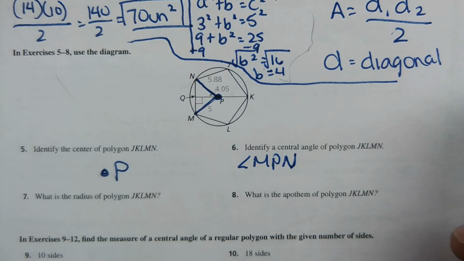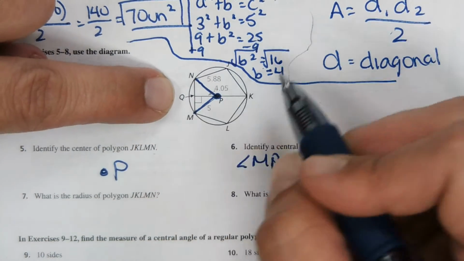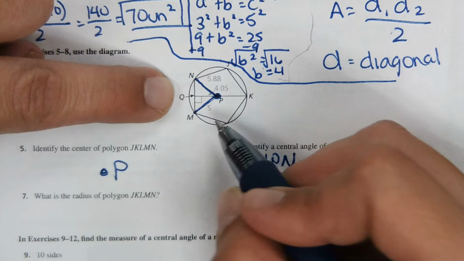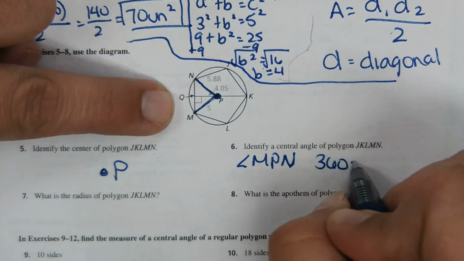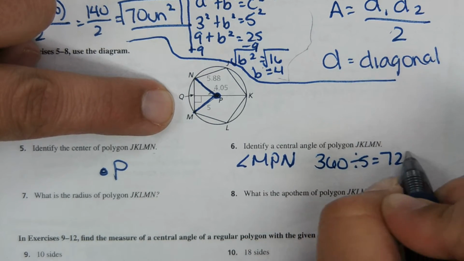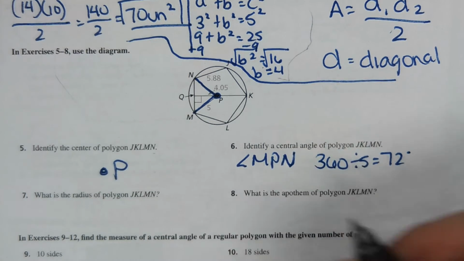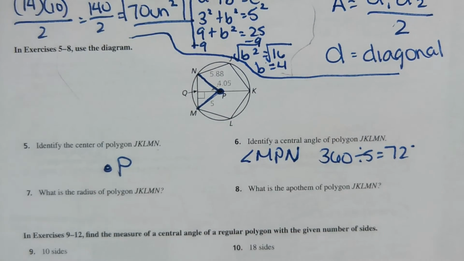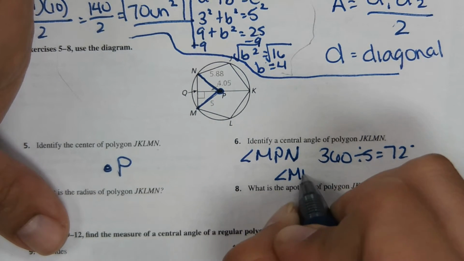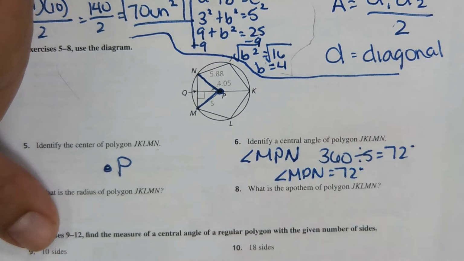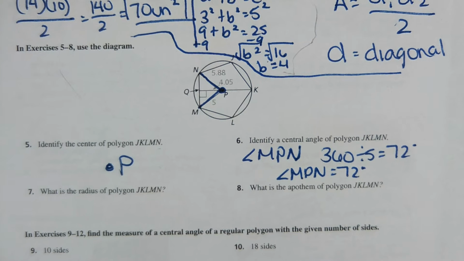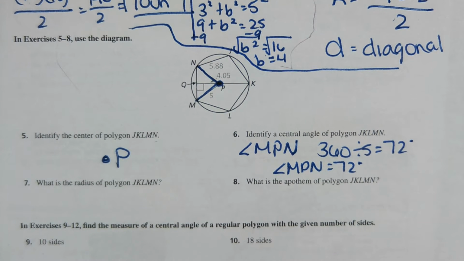And then as far as the degree measure of that central angle, for a pentagon there would be 5 of these central angles. You can do 360 divided by 5 is 72 degrees. And so angle MPN is 72 degrees. Okay, and then number 7, what is the radius of this polygon?